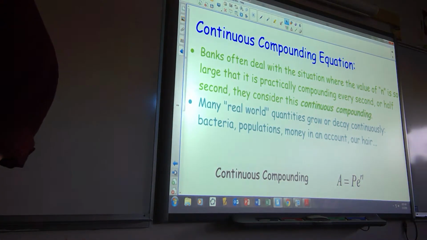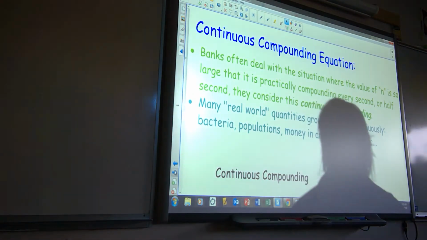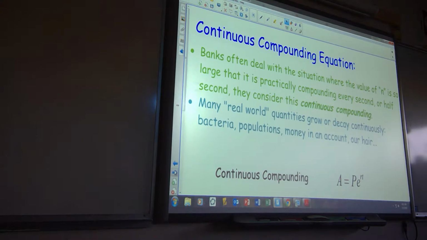It's always continuous compounding. If we are talking about organic substances that are growing or decaying, that's happening continuously. You know, a petri dish of bacteria isn't growing only when the lights are on, right? Okay, it's growing all the time, consistently. Your hair is growing all the time, consistently.